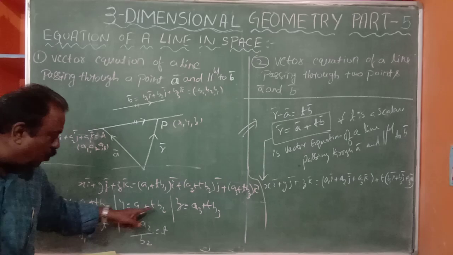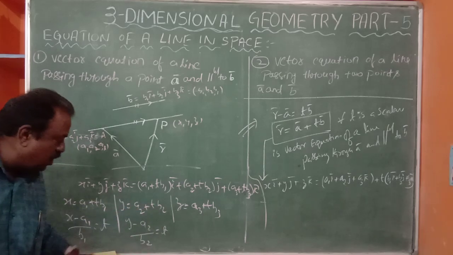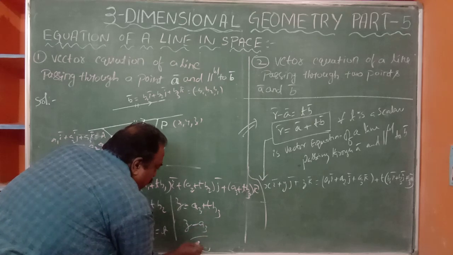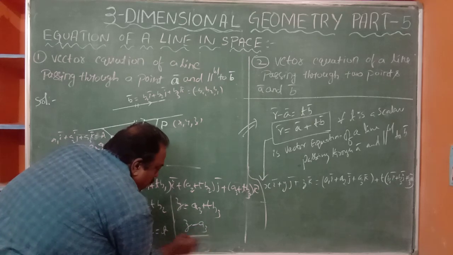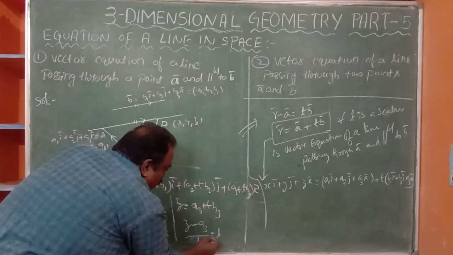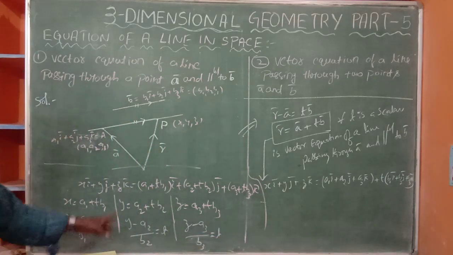Here also z minus A3 by B3 is equal to t. So in all three cases, t is common.